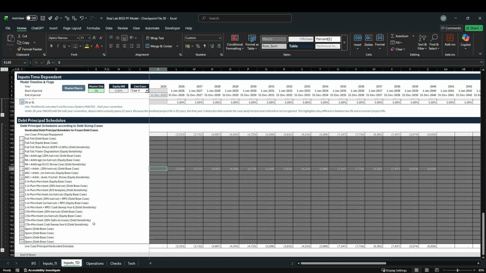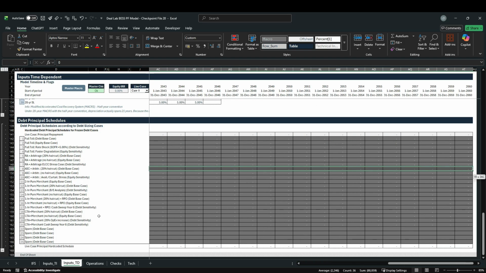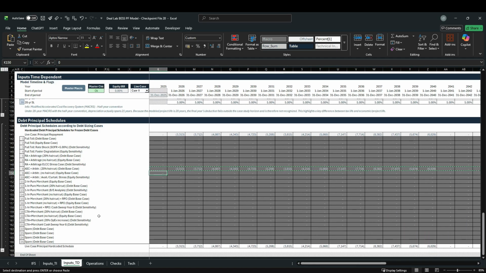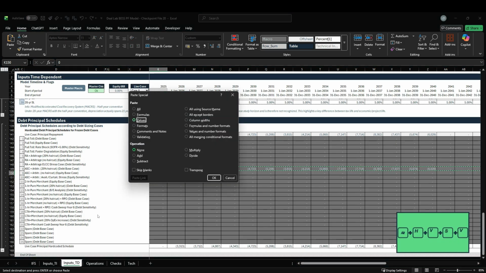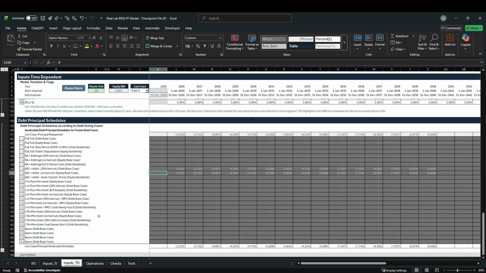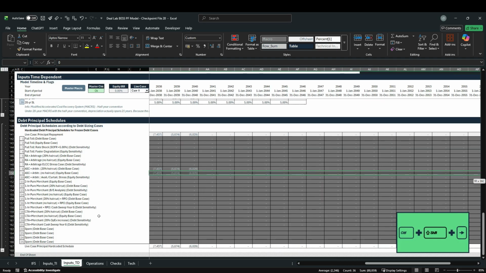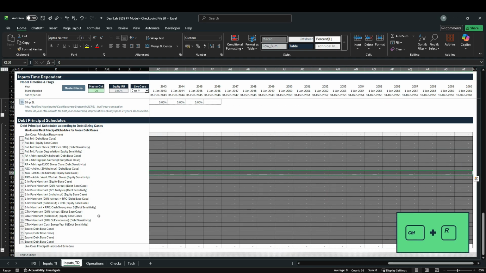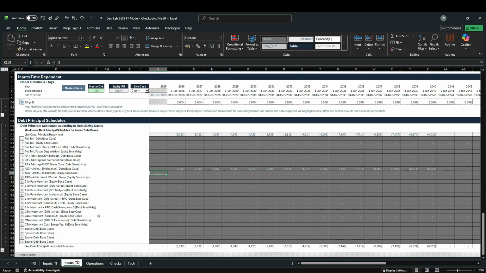So the first way would be that we simply just take this row here, copy it, and only paste the values in, say, case 9, hit Alt-H-V-S-V to only paste the values. But that's rather inconvenient, but would be possible if the debt sizing is turned off in case 9. But for now, let's hit Ctrl-R and make sure there are only zeros for case 9.